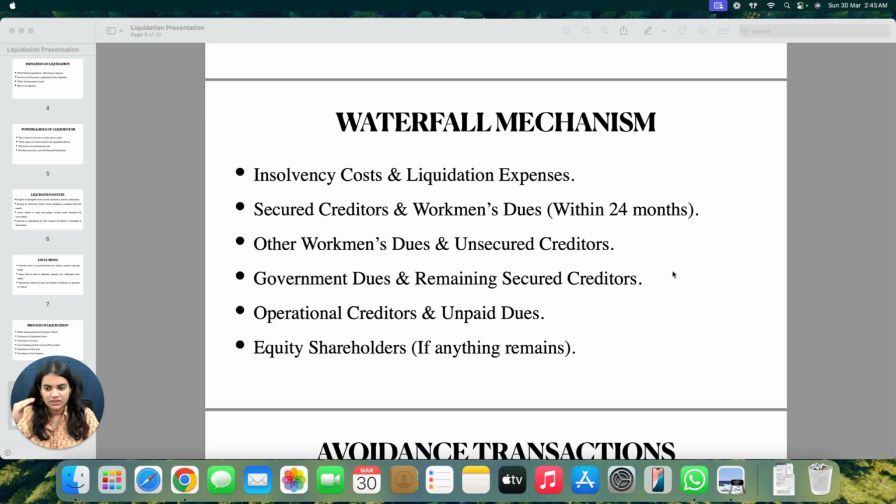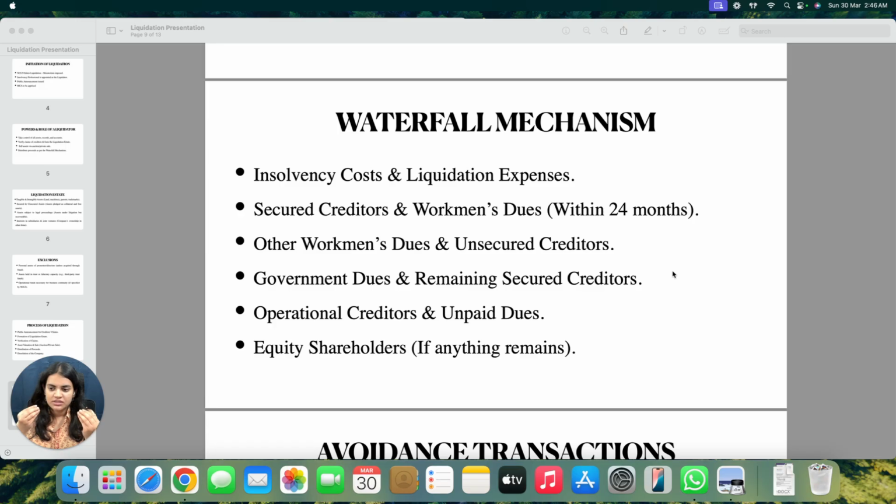Once that is done, then secured creditors and workmen's dues. These creditors will be considered pari passu. Regarding the insolvency and liquidation expenses, if the liquidation value of the entity is lower than the liquidation expenses or the insolvency expenses or the projected liquidation expenses itself, then the liquidator may propose to the stakeholder committee an early dissolution of the company.